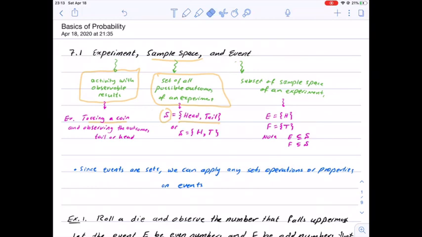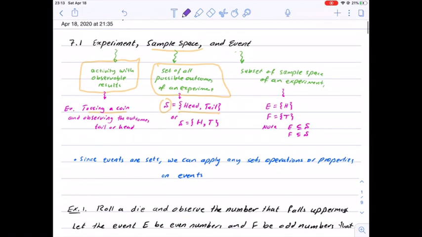Some books use omega to denote the sample space, but here in our book we use S, capital S. Now, if we are interested in some part of that sample space, for example, if we have numbers from 1 to 10 and we are only interested in even numbers, then we call that subset of the sample space, and the terminology that's used here is event.